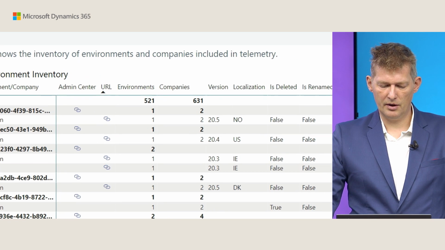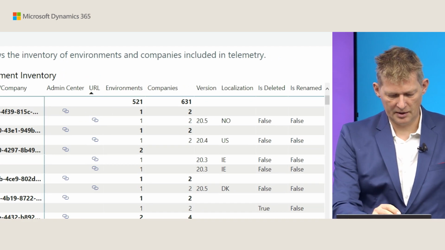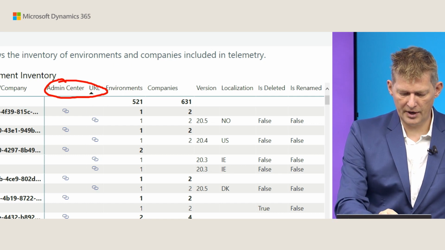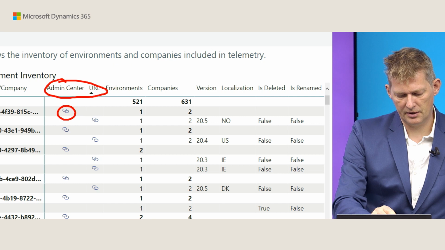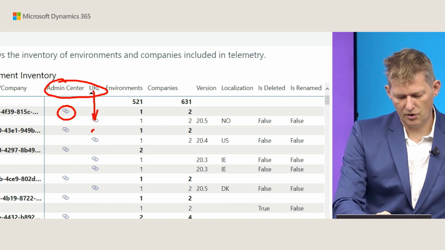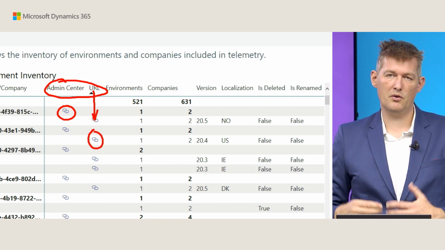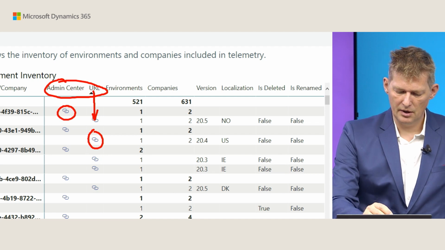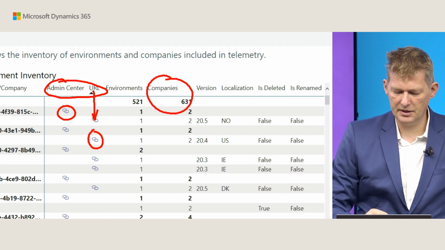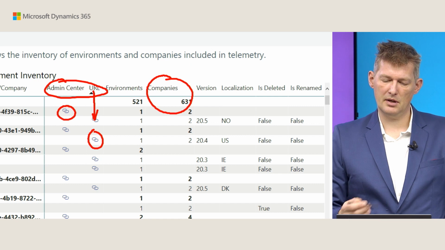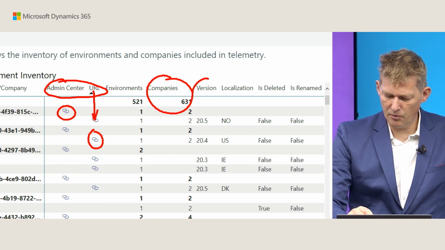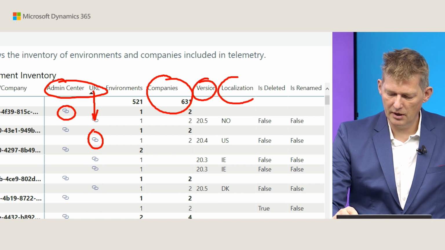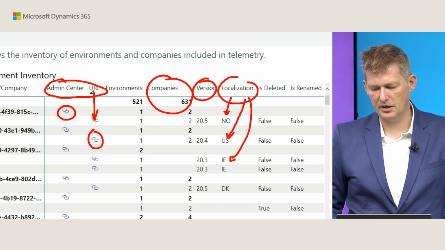You can navigate to the admin center, here are the URLs for the admin center. These ones here are the URLs directly into the product if you want to use that for navigation. You have some statistics about the number of companies in these environments, as well as which version they are currently on and which localization they are currently on. We have some different localizations here.